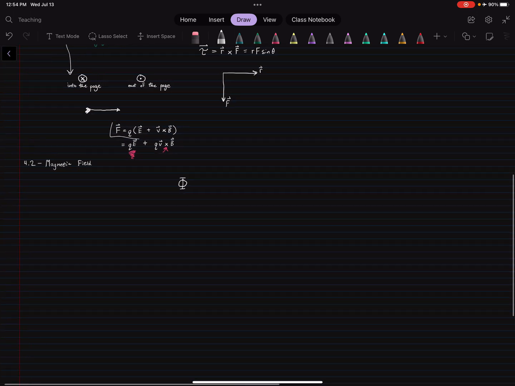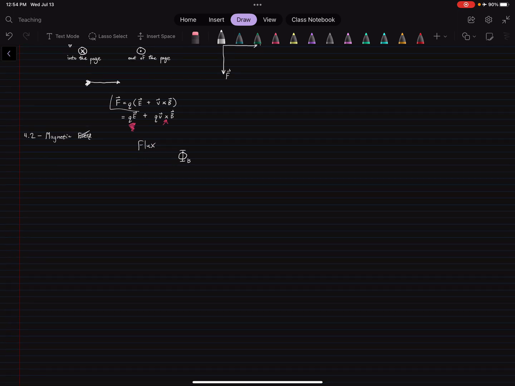Magnetic flux, since that's what we're talking about, is denoted with a subscript of B. And we can reason our way to a completely different conclusion about magnetic flux through a closed surface, a Gaussian surface, than we did with electric. So let's do that.